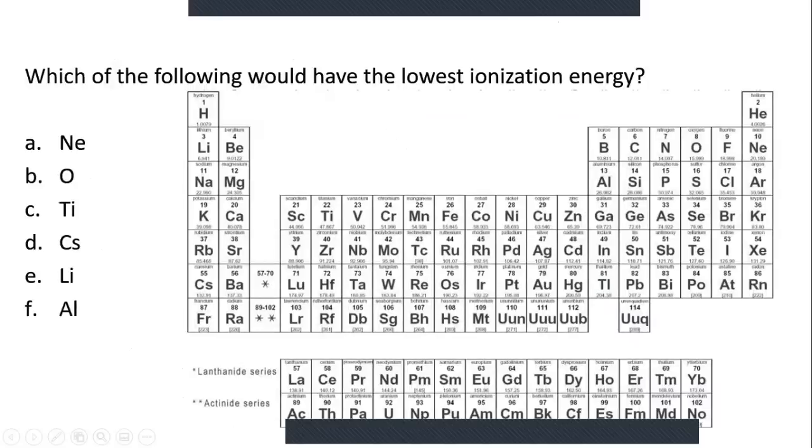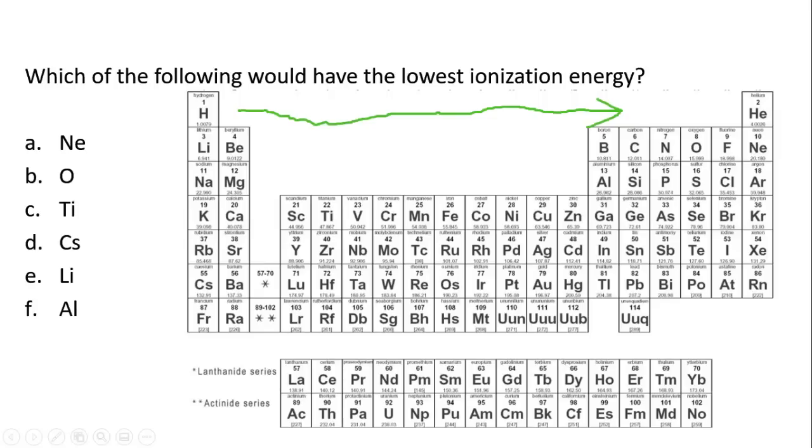So we'll look here, which of the following would have the lowest ionization energy? So again, it increases left to right and decreases down a group. So we want to look at metals. Metals on this side would have very low ionization energies. So is neon a metal? Why no. Oxygen?